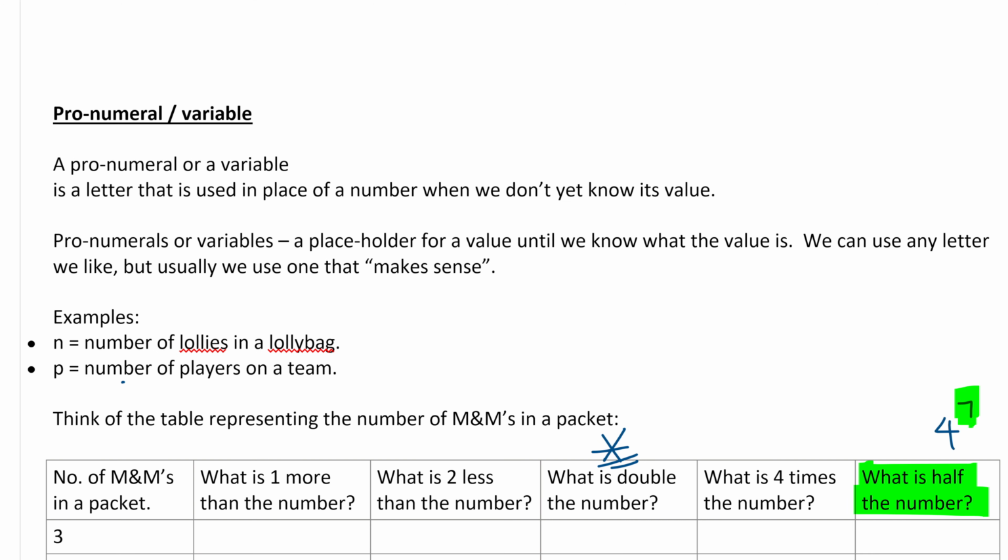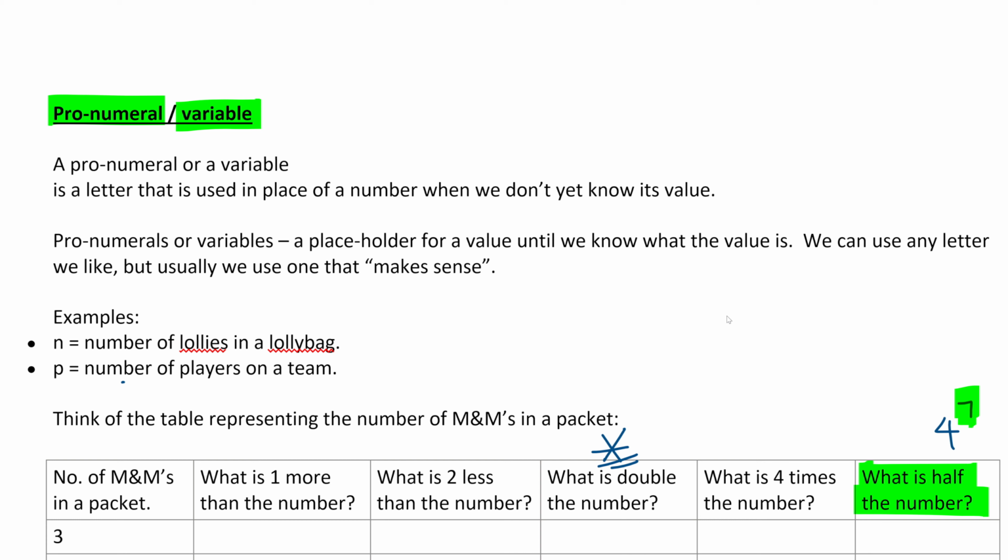I think I'm going to leave it there, but I'll say one more thing. Sometimes math teachers use the word variable and pronumeral interchangeably, and sometimes, especially me, I make mistakes, saying this is a pronumeral when we have an expression, or this is a variable when I have an equation.